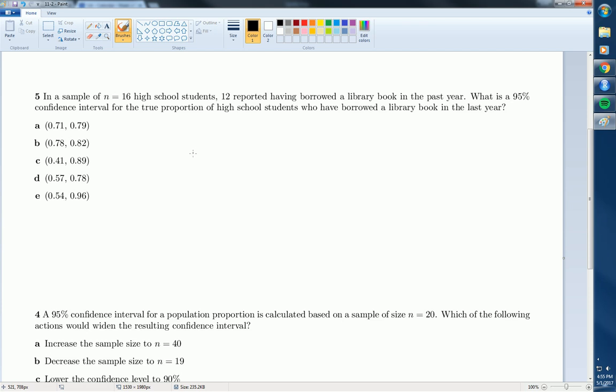Our formula here will be p hat plus or minus z star, since this is a proportion, we use z star instead of t star, times the standard error of p hat, which is the square root of p hat times 1 minus p hat over n. N is going to be 16. P hat is going to be the number of successes, the 12 who said yes, over the total number of students we asked, which is 16.